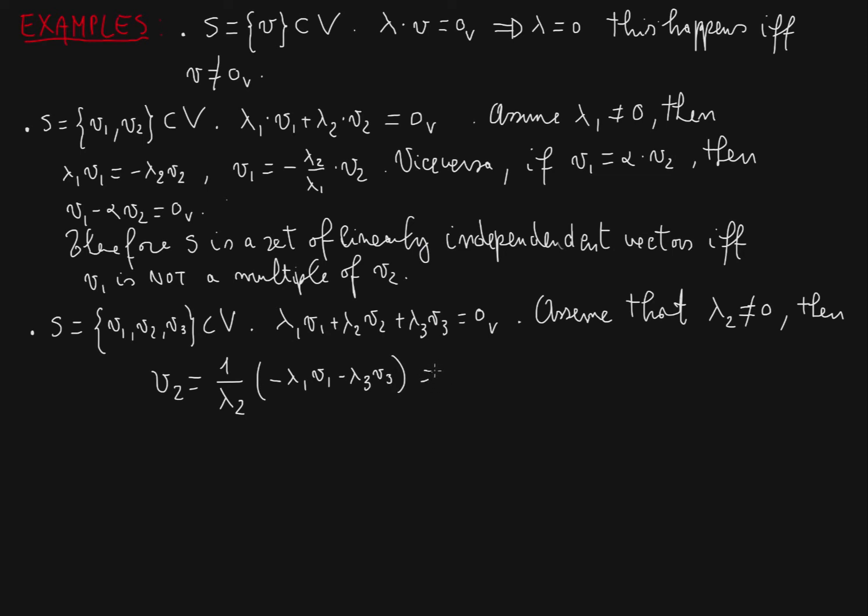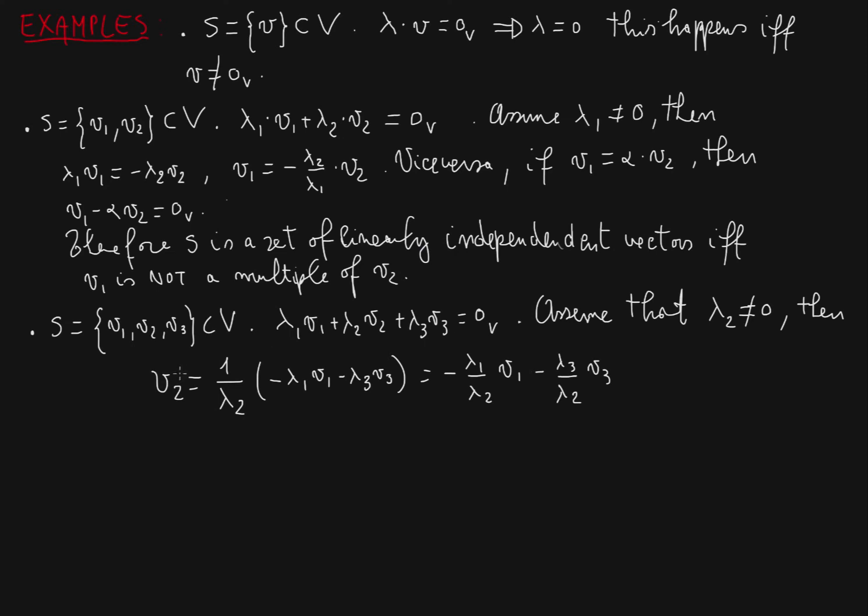And these can be expanded as negative lambda 1 divided by lambda 2 times v1, negative lambda 3 divided by lambda 2 times v3. So once again we expressed the vector whose coefficient in the linear combination was non-zero as a linear combination of the other two vectors. Okay.